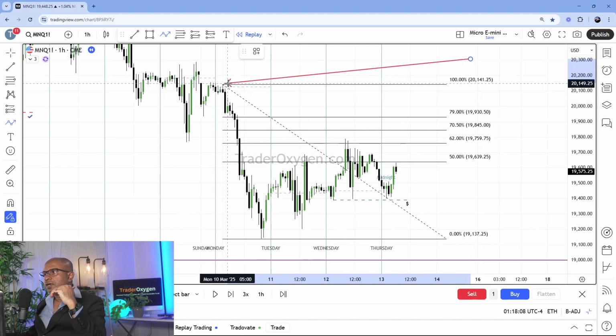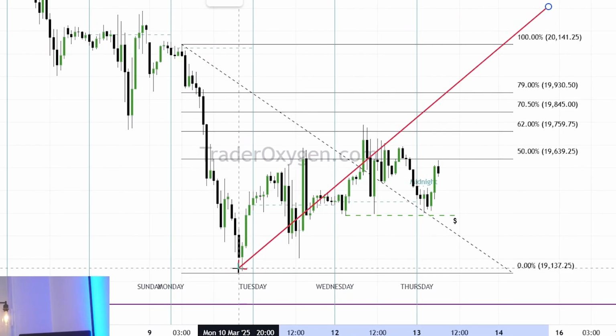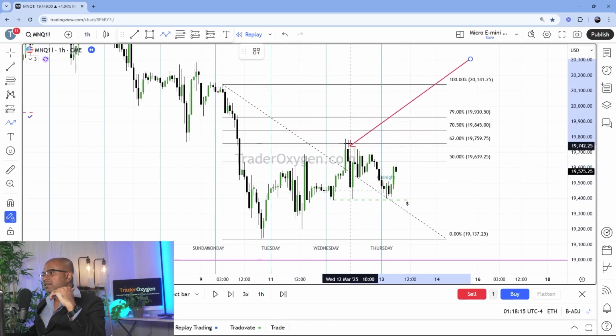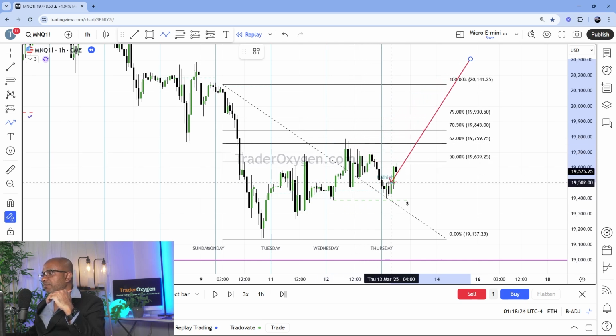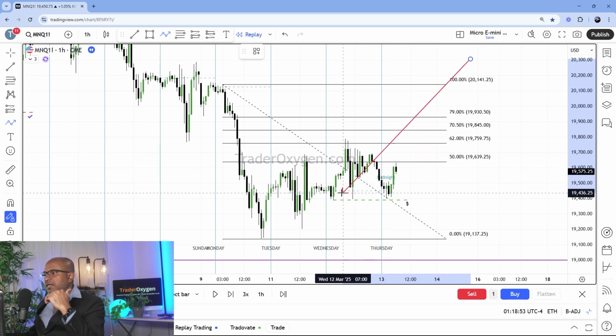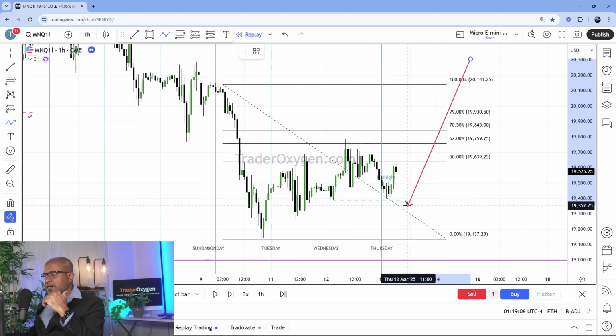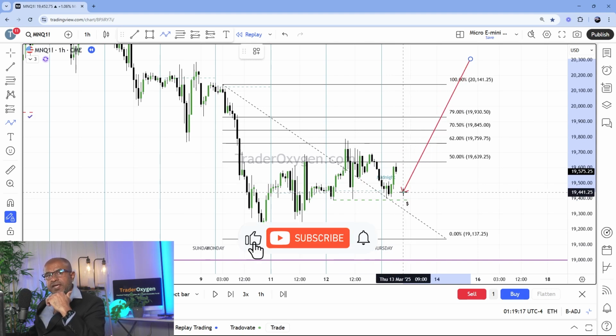Also, if we draw the fib retracement from this swing high to this swing low for this price swing leg down, you can see the price retrace to the 62% retracement level, and after that the price is showing signs of bearishness where it makes lower highs. So this suggests the possibility of price moving down, and also you can see there are relatively equal lows here which form sell side liquidity, so there's a chance the price goes down and targets the sell side liquidity. This also suggests the possibility of taking a sell entry.